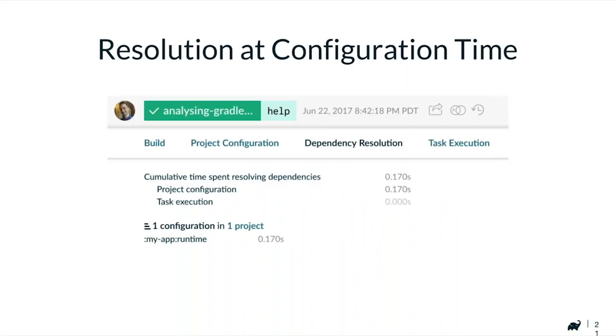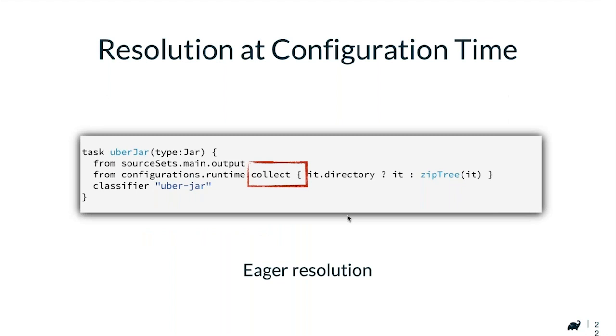One of the most common things that you'll see is resolving dependencies during configuration time, which is bad because when you're not building anything, if you're just calling for help or just configuring your IDE, you probably don't need many of the dependencies. So why are you resolving them? And this can happen kind of accidentally. For instance, if you look at this piece of code, what's wrong here?